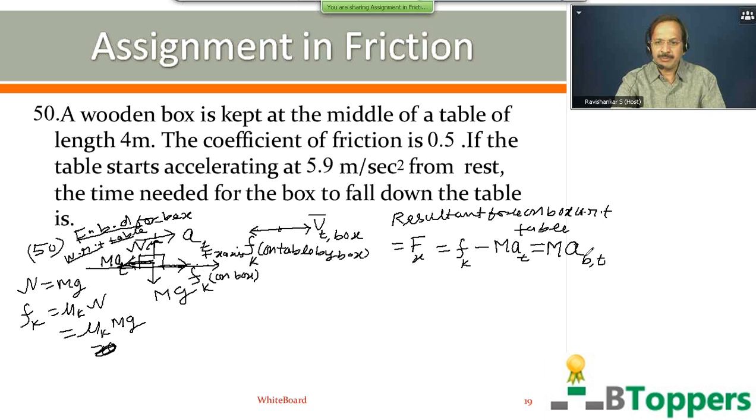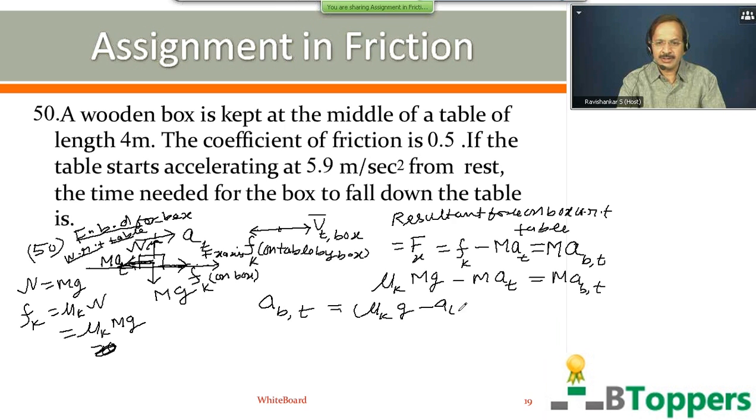So a_b,t represents the acceleration of the box with respect to the table. Here F_k equals mu_k m g. So you can divide this equation by mass m. So the acceleration of the box with respect to the table, you get mu_k g minus acceleration of the table.